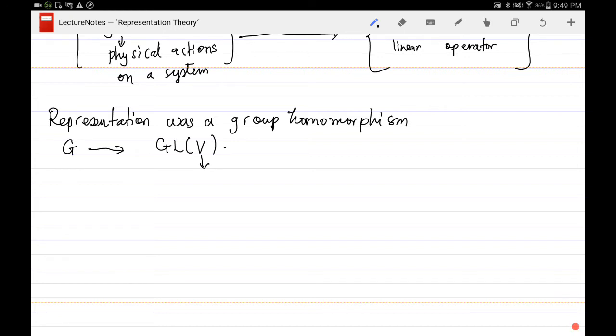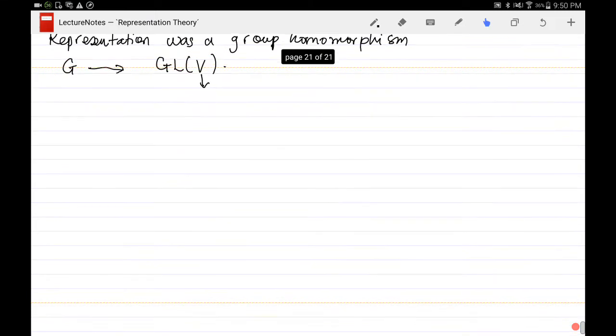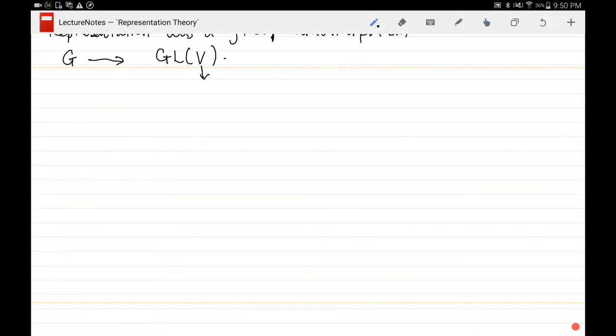It's often a good idea to remember that the representation is a group homomorphism, a map from the group to a set of invertible linear operators, and it's not defined as a vector space that's acted upon by this set of invertible linear operators. Although if you're not very careful about such a distinction, you can often not see the harm in doing that.